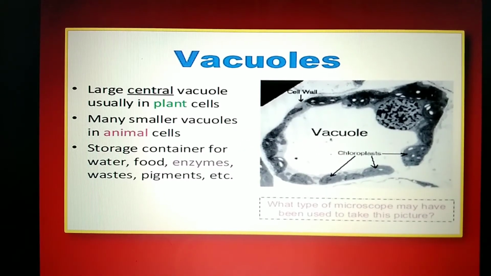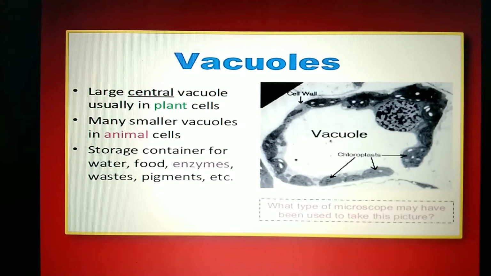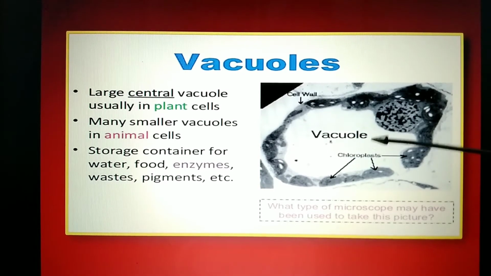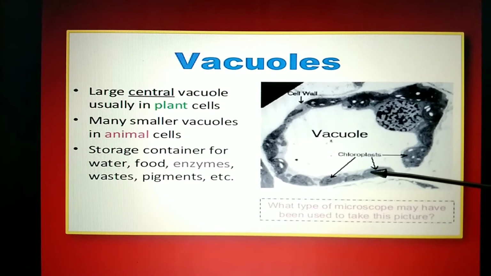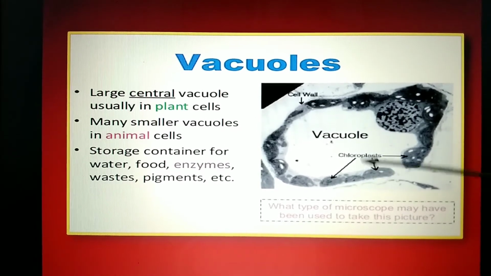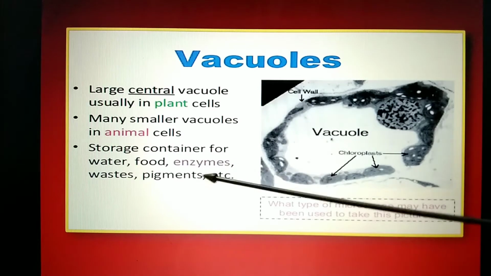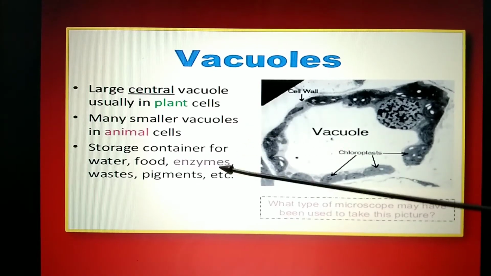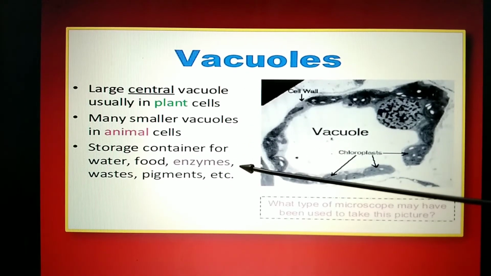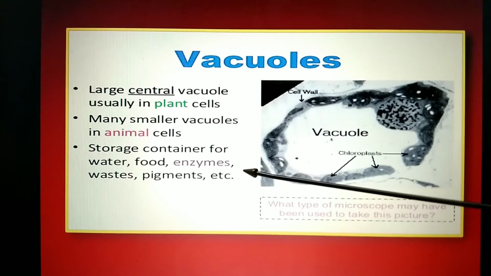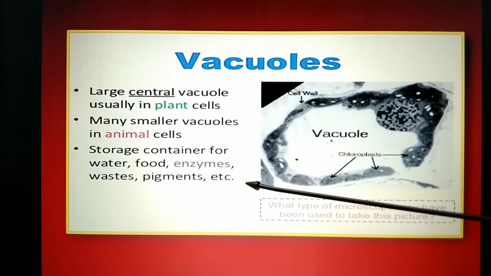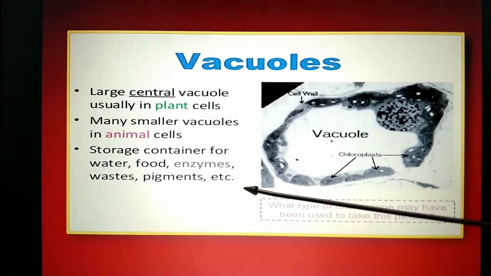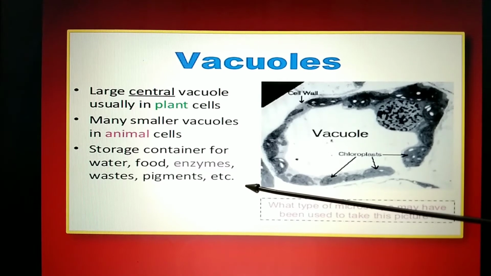Rather, we can say in animals, if vacuoles are present, they are small or temporary in nature, but they have the function to store water, glycogen, and proteins, which helps in the maintenance of water balance and the ingestion of nutrient materials.